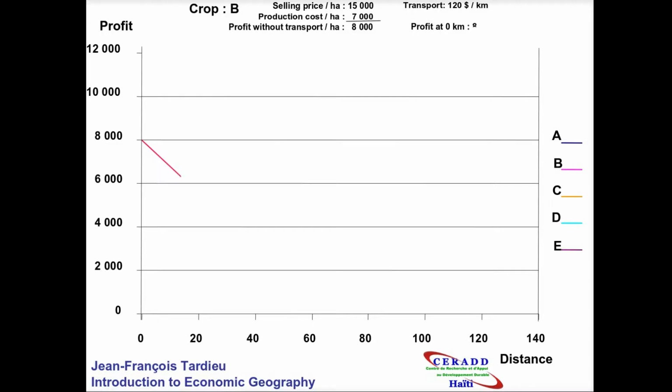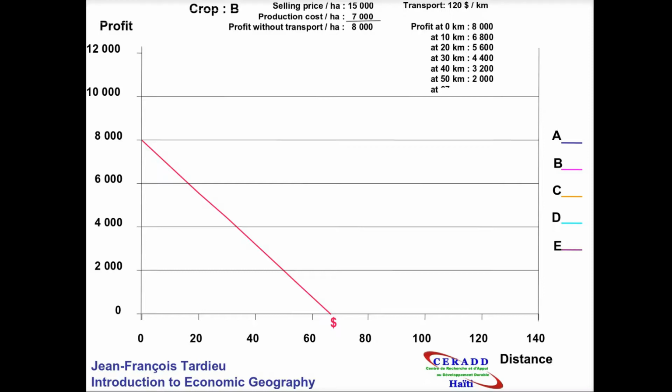At 10 kilometers, it will bring back 6,800 monetary units. At 20 kilometers, 5,600. At 30 kilometers, 4,400. At 40 kilometers, 3,200. At 50 kilometers, 2,000. At 60 kilometers, 800.